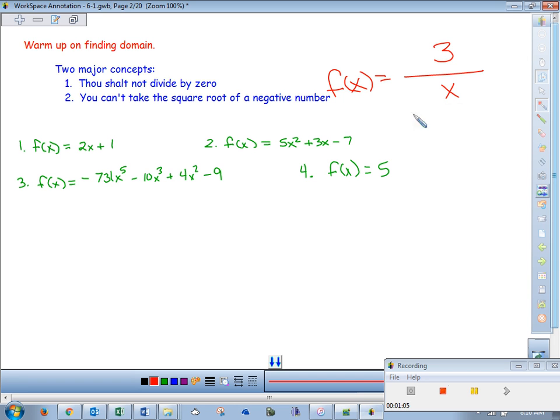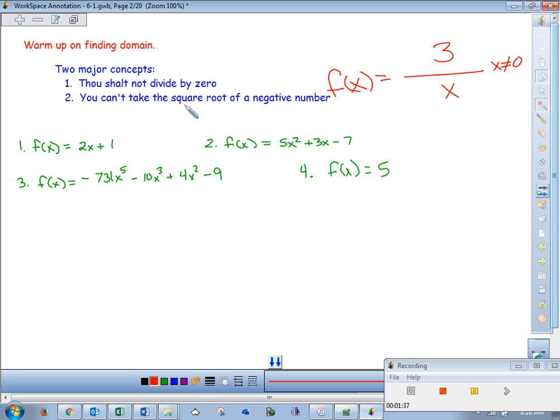Like, if x was 1, wouldn't you be okay? If x was 1,000,000, wouldn't you be okay? What number can't go in for x? x can't be 0, right? So out of all the numbers in the world that you could pick, if x was 0, we'd be in bad shape, right? So the domain on this is x can't be 0. It's all real numbers except for x equal to 0. So we just say x cannot equal 0.